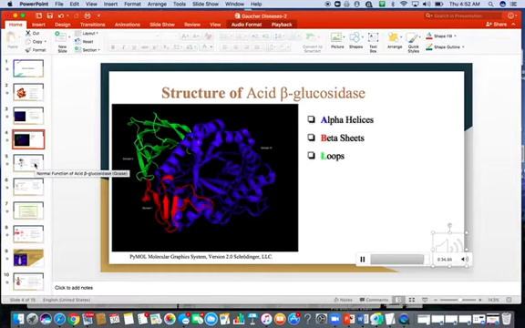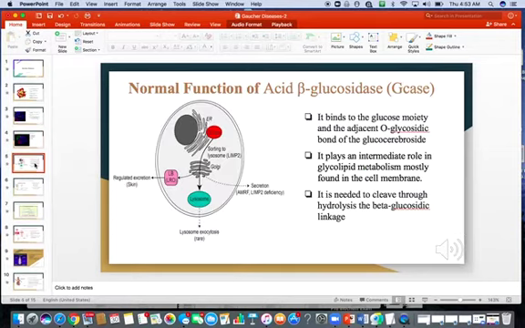And let me go to the functions of the acid beta glucosidase. Acid beta glucosidase helps to bind the glucose moiety and the adjacent glucosidic bond of the glucocerebroside.